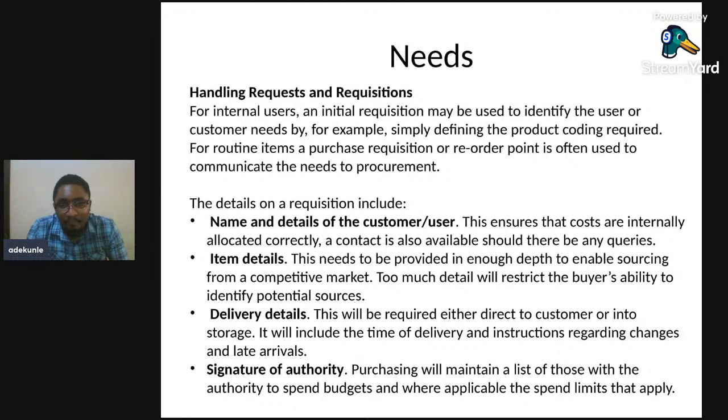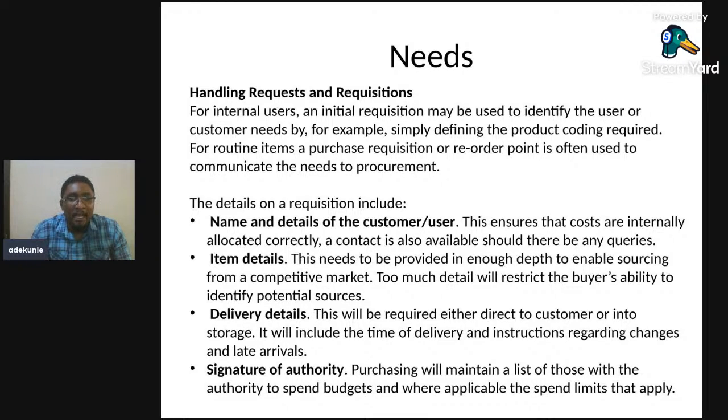The item detail will provide enough in-depth analysis to enable the procurement manager to get the right place to source the product from. Of course, too many details can restrict the buyer's ability to identify potential sources, so there are advantages and disadvantages in terms of details.